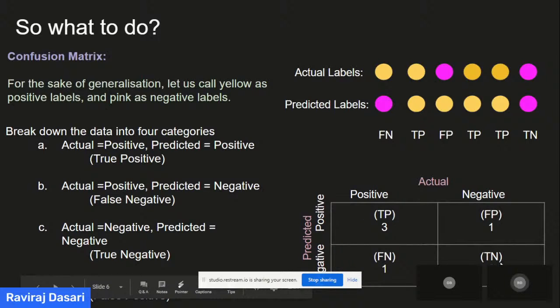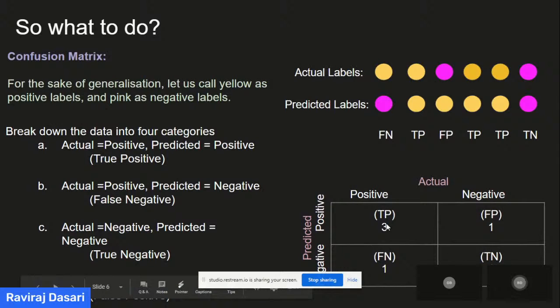So can we tell what the accuracy is? You have the confusion matrix, so the accuracy will be the correct predictions over all predictions, right? What are the correct predictions? Positive predicted as positive and negative predicted as negative, that is true positive and true negative.